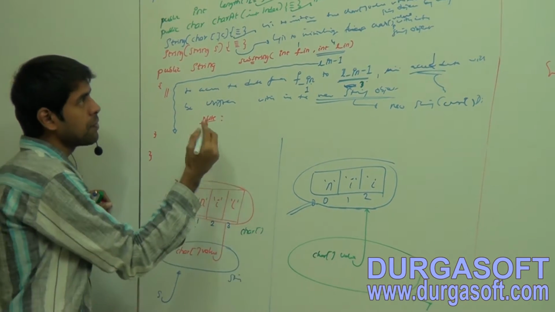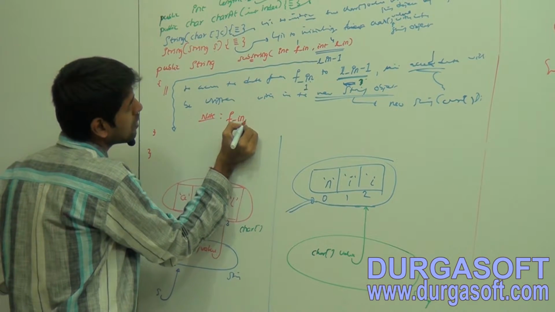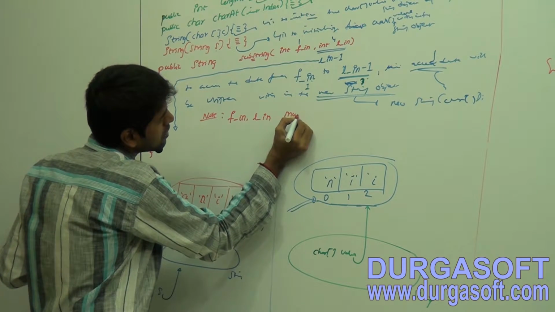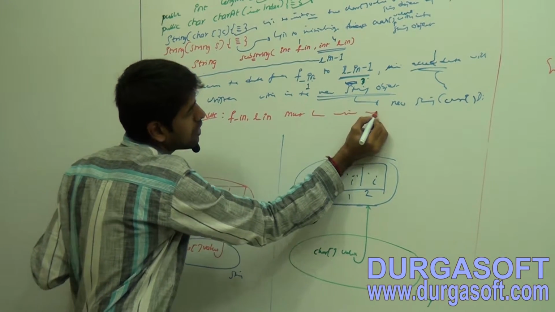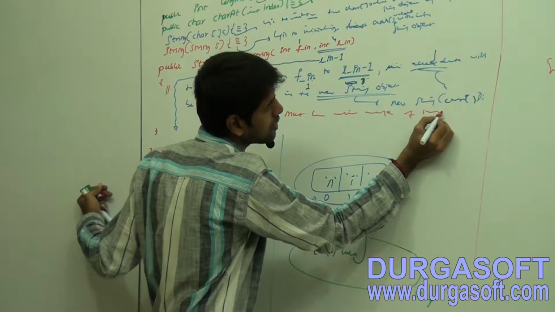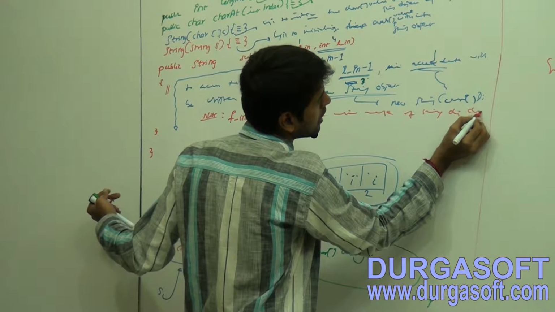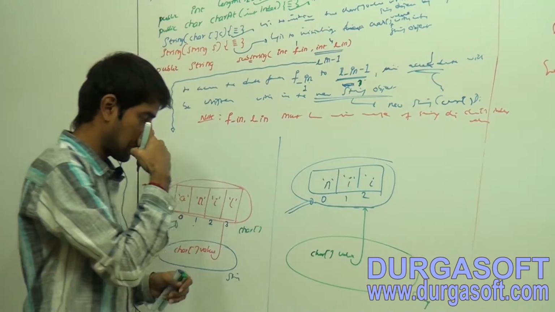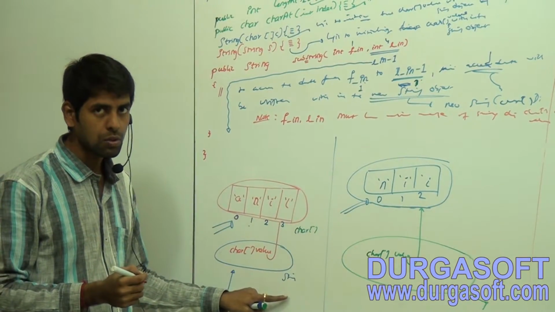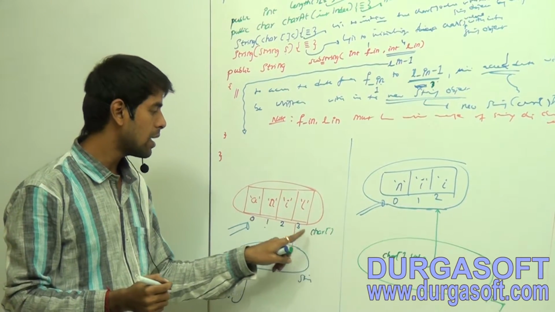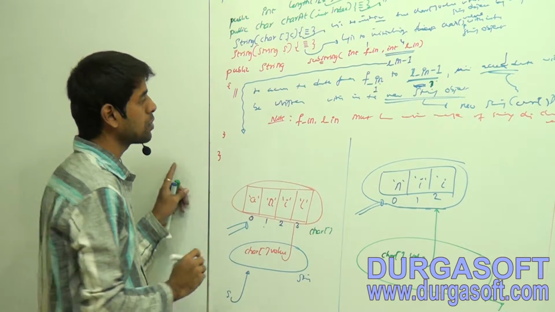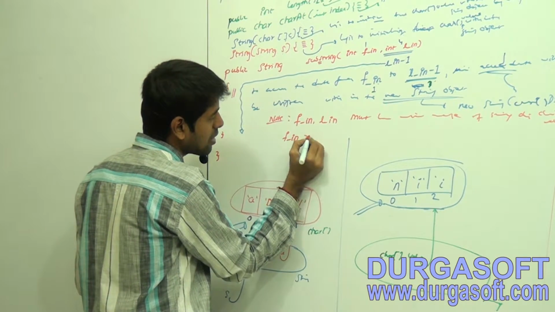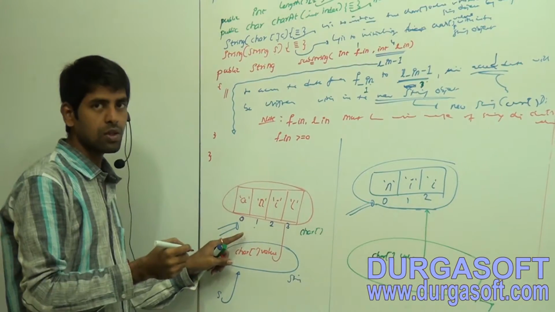The first index and last index must be within the range of string object char array index values. Meaning is, observe here, first index must be greater than or equal to 0, right?